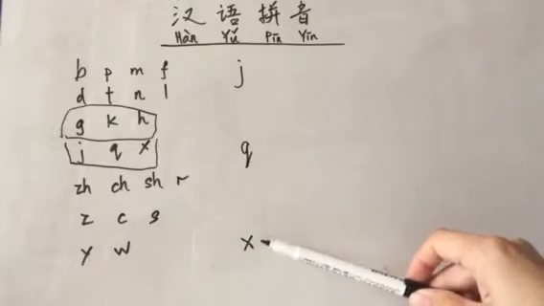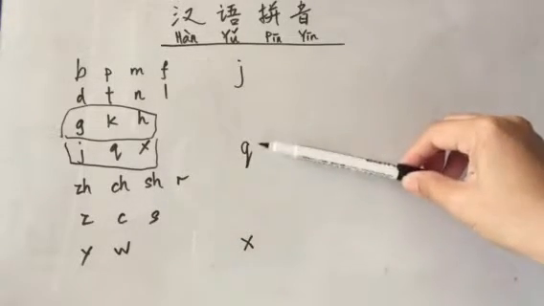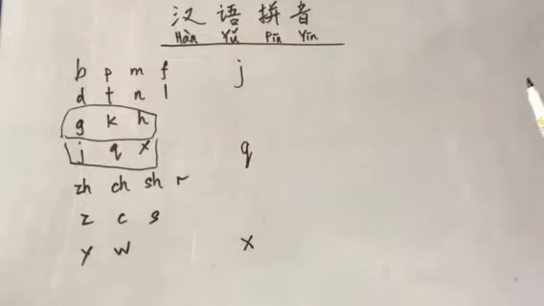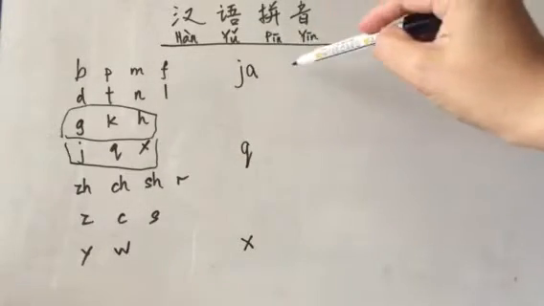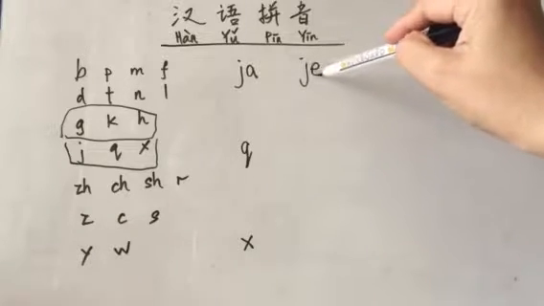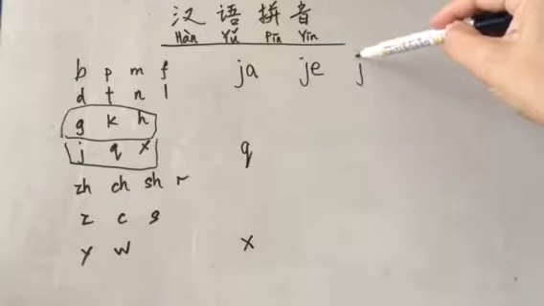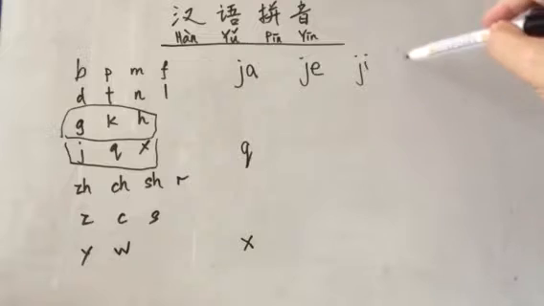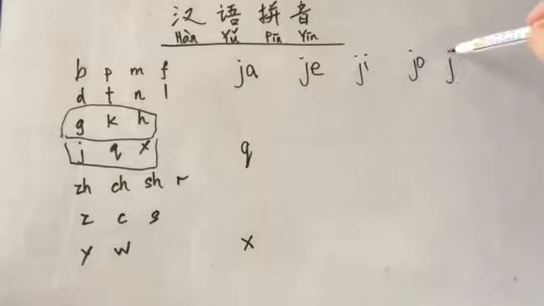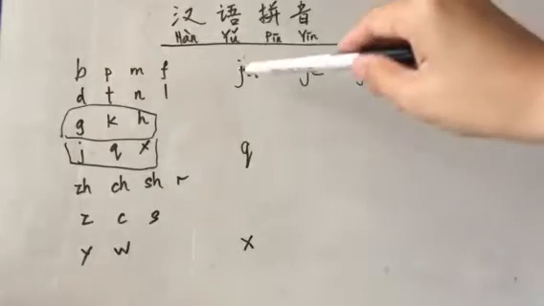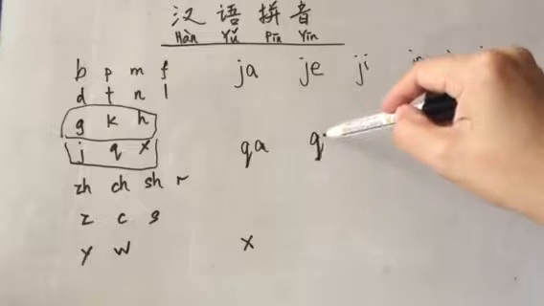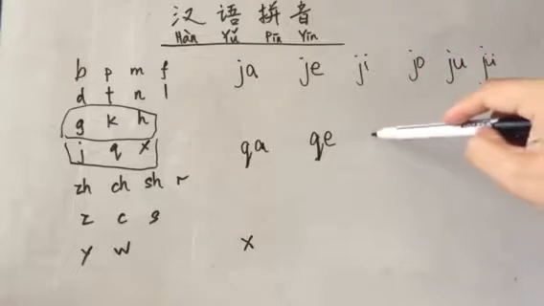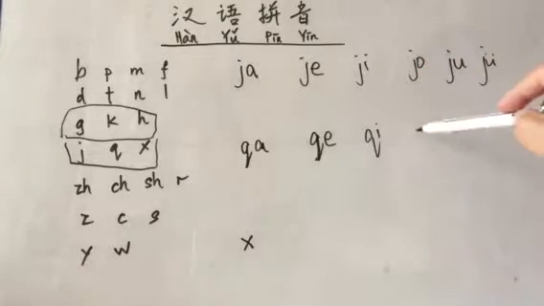C, this is C: ji, qi, si. So let's go. Match them with A, E, I, O, U, and Yu, and not all of them match. Q, E, no, there isn't such a thing.